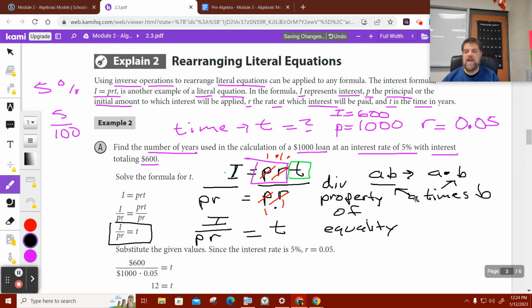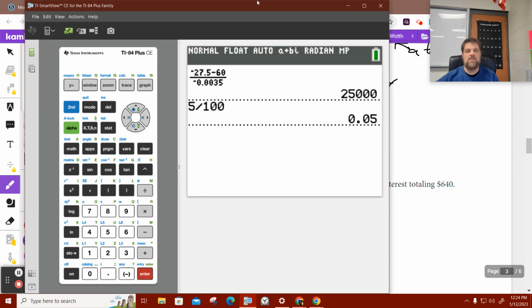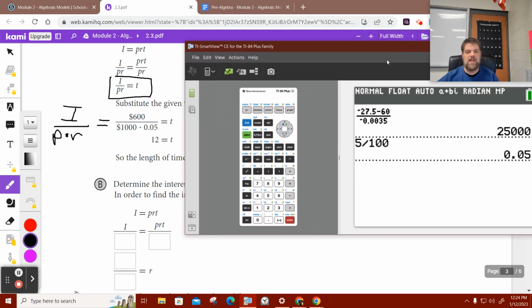Okay? So now I can find the answer by plugging in my values. In other words, this is my value for interest, which I wrote up on the thing, over P times R. Well, we said that P was equal to 1,000. Now I could plug this in the calculator to verify. So I'm going to turn on the calculator and enter it in.